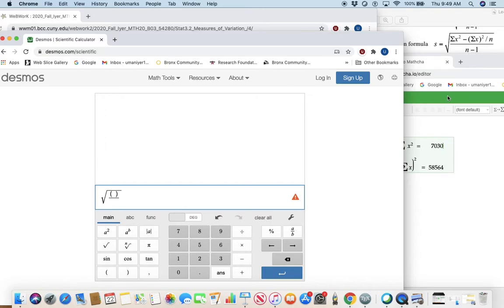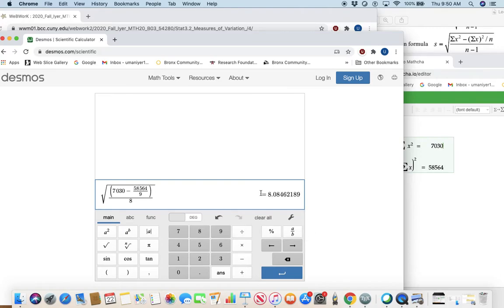Remember, we have 9 numbers. 9 minus 1 is 8. What is upstairs? First, summation x squared, 7030, minus summation x power 2 over 9. So that is 58564 over 9.